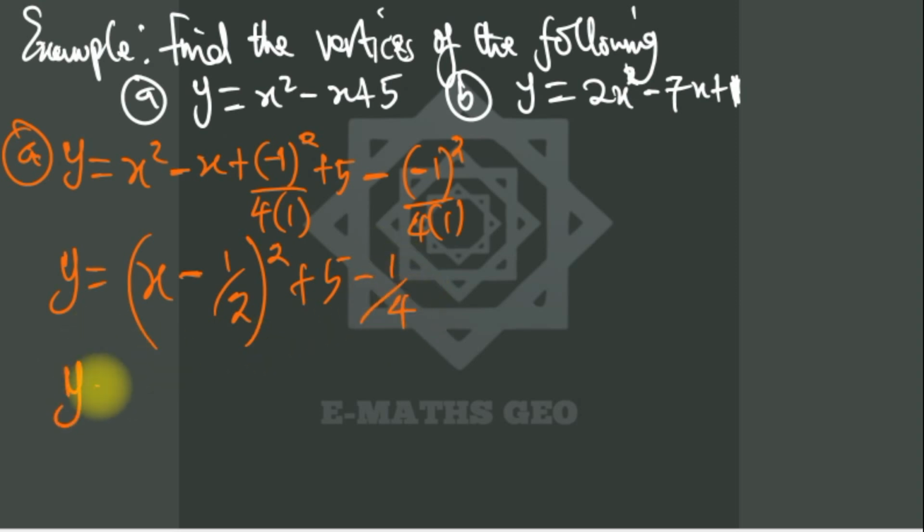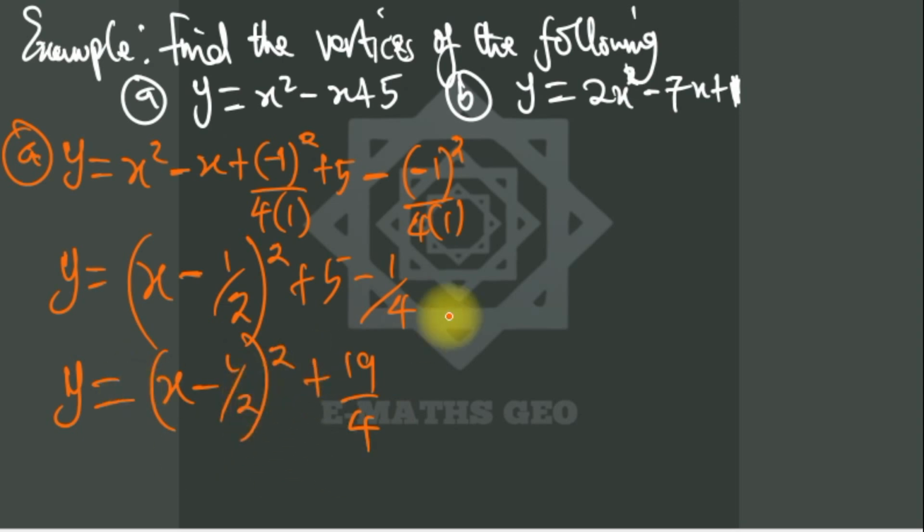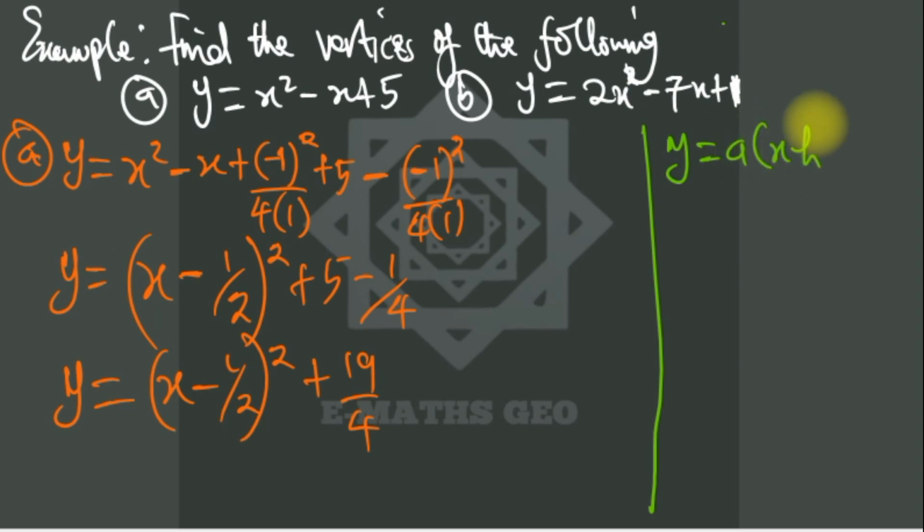So our answer is x minus 1 over 2 all squared plus 19 over 4. Yes, because from our general form of the equation of a quadratic curve, it is always y equal to a(x minus h) squared plus k, where (h, k) is the vertex.